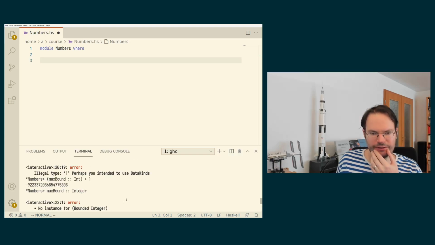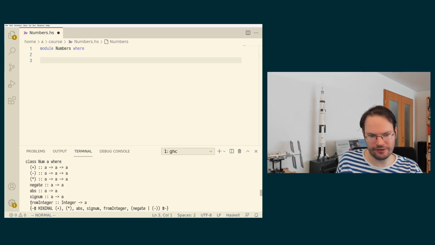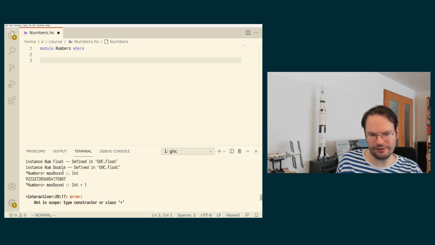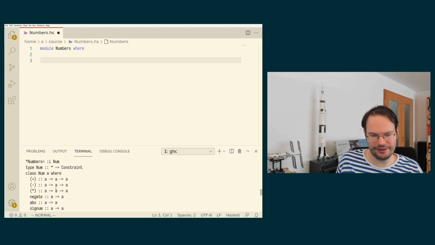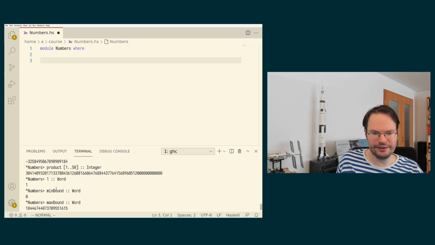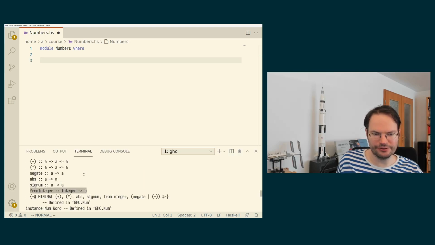So let's look at the Integral. Oh, well, no. Sorry. I should talk about fromInteger again. fromInteger is actually the method that is being used for these overloaded literals. So if you think about what it means for literals themselves to be overloaded, they are not a member of this Num class. But the literal can always be seen as an Integer, as an unbounded integer.